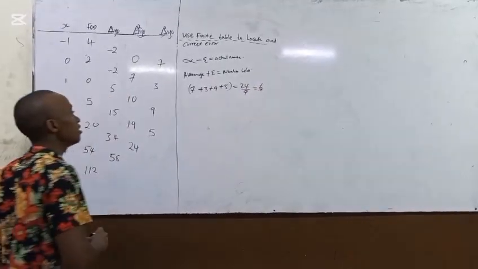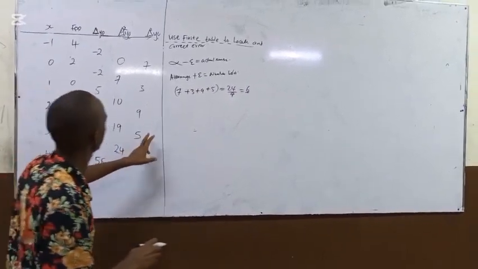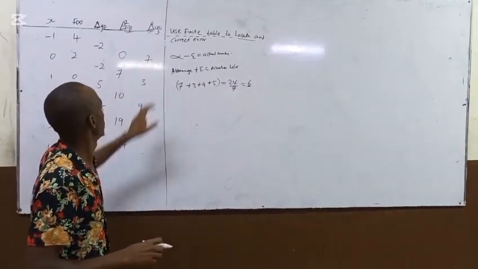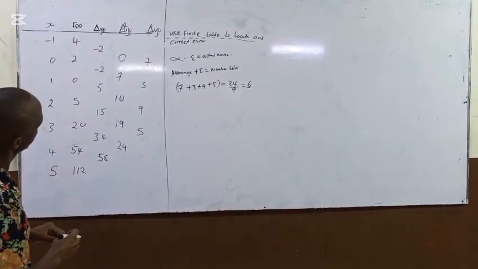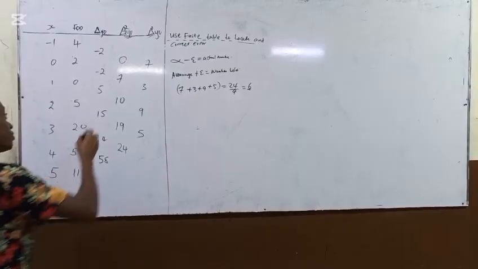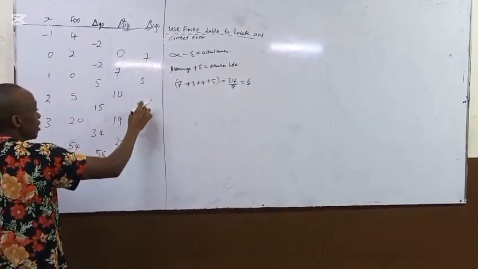This is now our average. As you can see, we don't have the 6 in our fourth difference. So what did we do? This means that these numbers have errors.